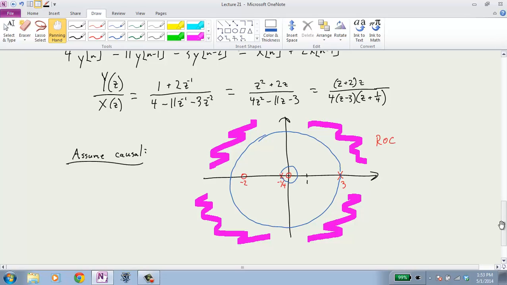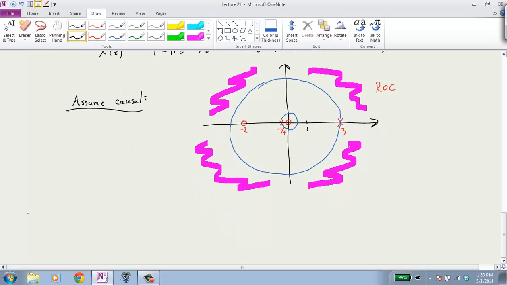Okay, fine. So I want to show you now how you can actually get the time domain of this, how you can do the inverse transform of either the Laplace or Z transform.